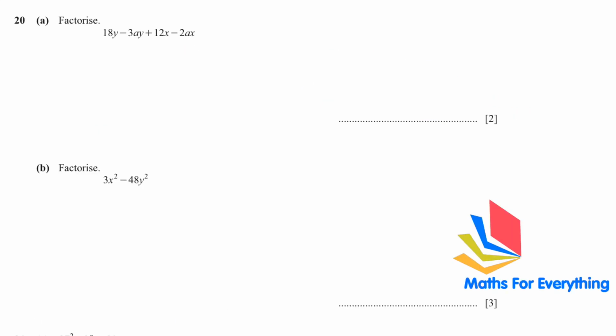Question number 20 is a factorizing question. When you have 4 terms like this, break it into 2 parts. So I'll write it on the side here, 18y minus 3ay. For a question like that, always make a bracket here, put the sign which is there in the middle, and let's see what is common now.